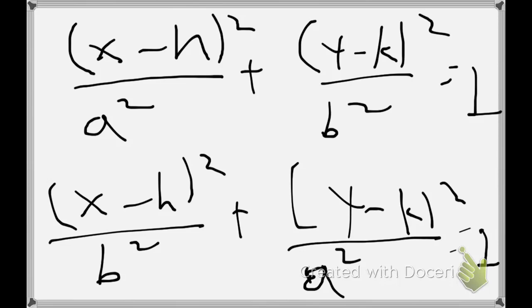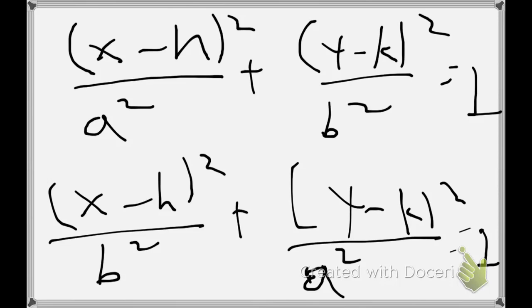The difference between them is that since a is always greater than b, the top equation represents an ellipse with a horizontal major axis, and the major axis is the length from one vertex to the other in an ellipse. And the bottom one would show an ellipse with a vertical major axis.